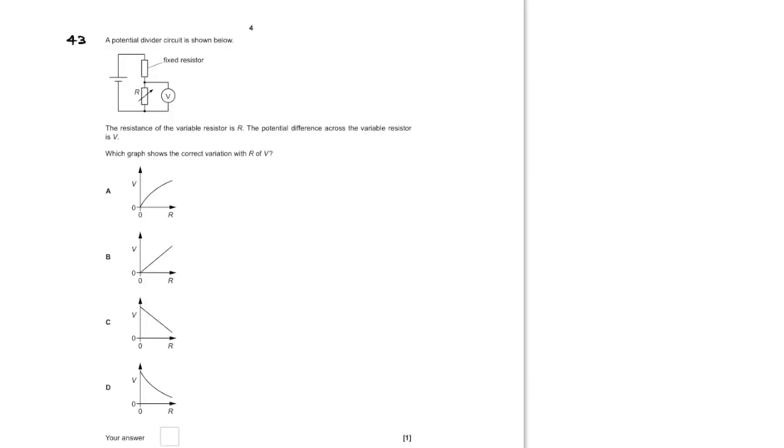Now for question number 43, we are given a potential divider circuit, with a variable resistor R that has a potential difference of V across it, and we are asked to work out the correct variation of V with R. We know that the voltage is proportional to R, so as the resistance increases, V will also increase, so C and D are out.